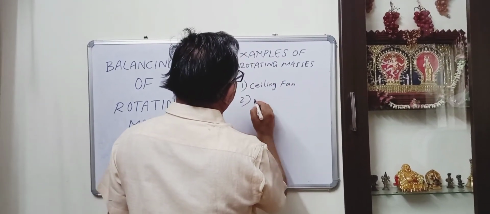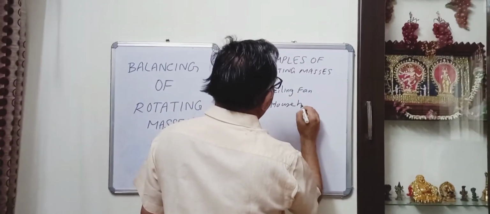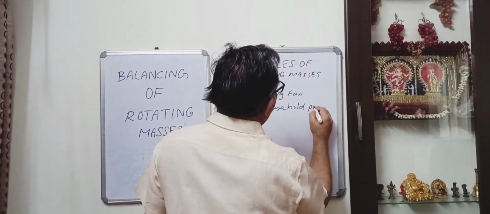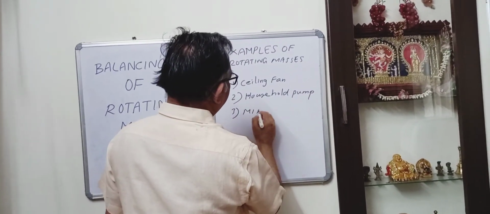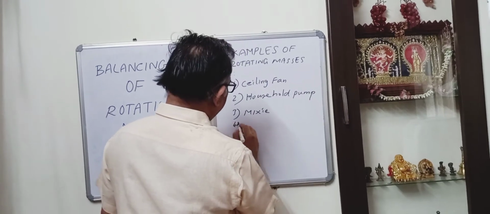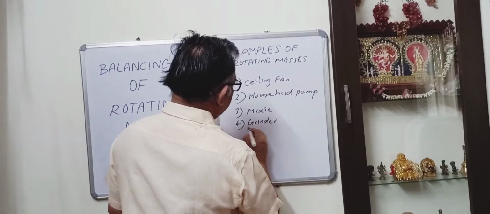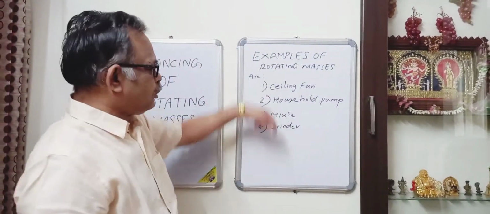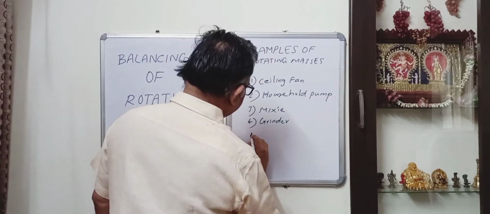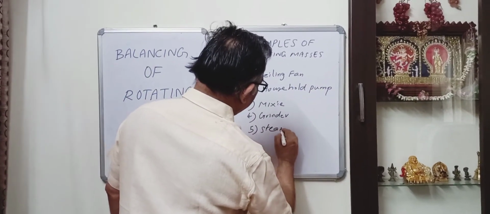Number 2, household pump. Mixie, grinder, and these are all household equipments. The industrial ones are number 1, steam turbine.